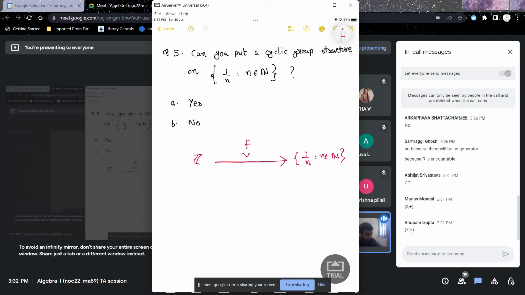Now, as you said already, Z with addition is a cyclic group, right? So what we can do is use this bijection F to carry the additive structure of Z to our set, which is 1 over n, where n varies over natural numbers. This is a very good trick in mathematics, you do it all the time.